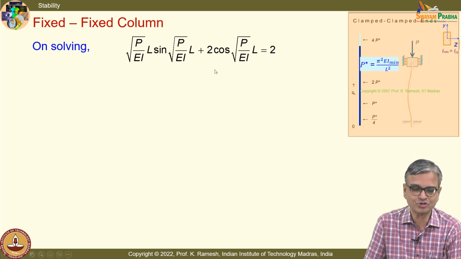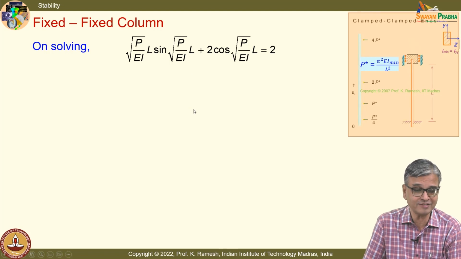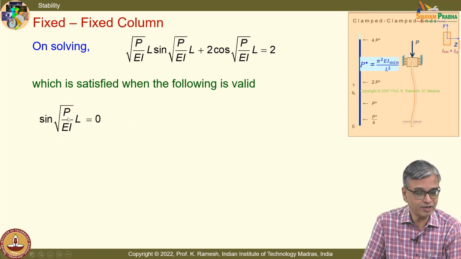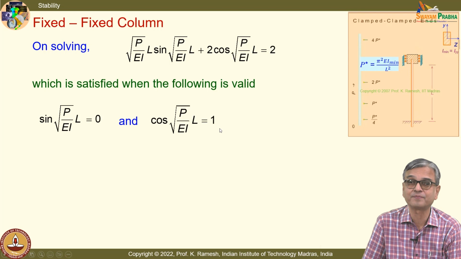So, this goes to 1 and this should go to 0. So, I should illustrate the condition as I should have sin square root of P by EI L equal to 0, as well as cos square root of P by EI L equal to 1.